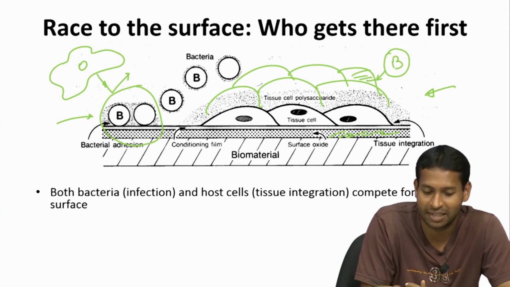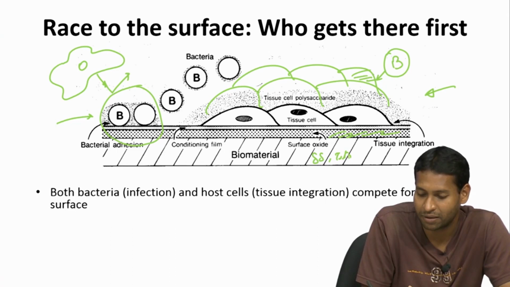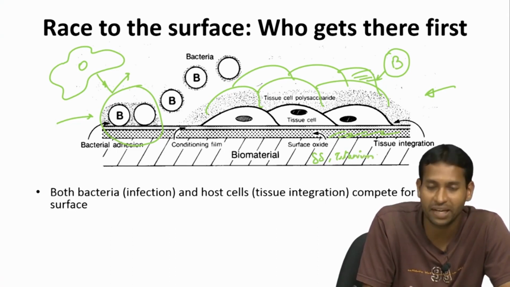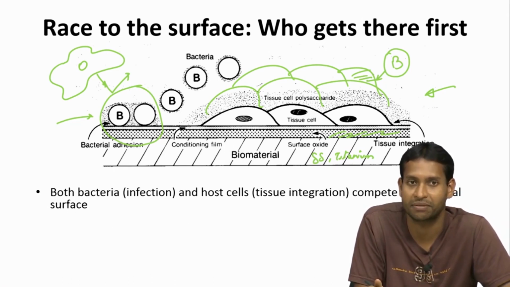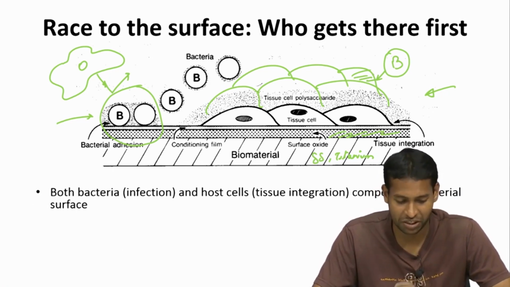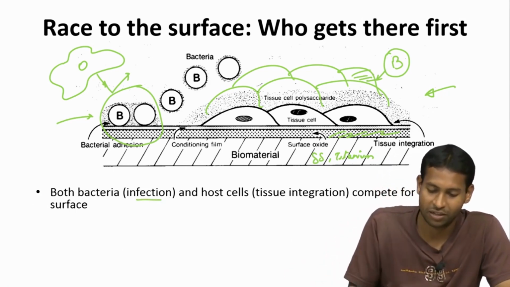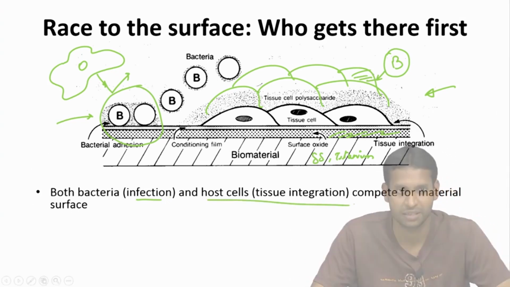If this is a stainless steel rod or a titanium implant, the body cannot degrade it. At that point the body is really helpless against such bacteria. So, as I said, both the bacteria, the infection-causing agent, as well as the host cell, which is needed for tissue integration, compete for this material surface.